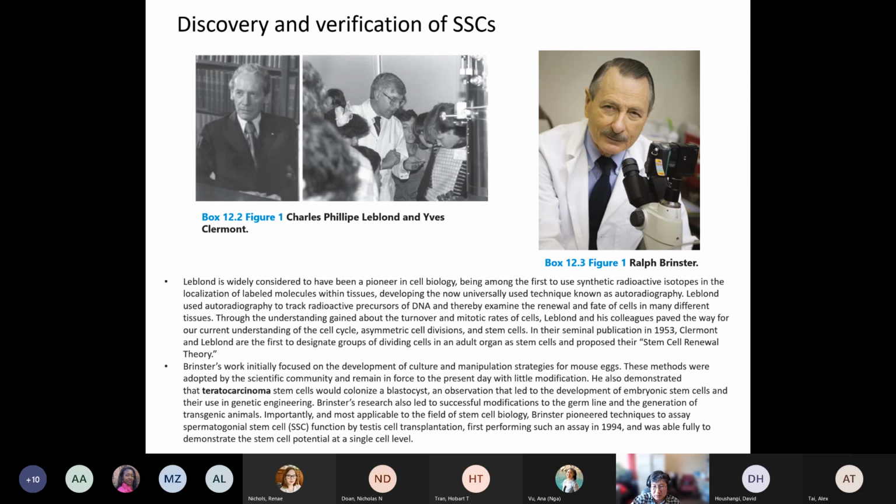And he is a really important early figure in cell biology. I would say a lot of the other work we described so far is based on the foundation that he has laid out. He was one of the first to use radioisotope labeling of DNA, so he was able to study cell turnover and the mitotic rate of cells. If you use, for example, 3H-thymidine to label the DNA, now you can study the rate of DNA synthesis.